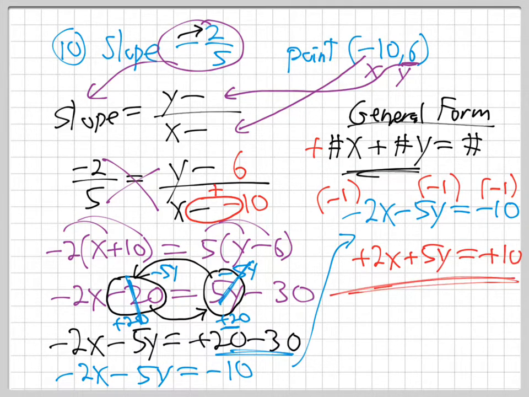There we go. That's the form they want. That's called general form. A number x, a number y, a number, and they like the front number to be positive. So I just multiply both sides of the equation by negative 1. You can always do the same thing to both sides of an equation, huh? If they're equal, treat them the same, still going to be equal afterwards. And there we go.